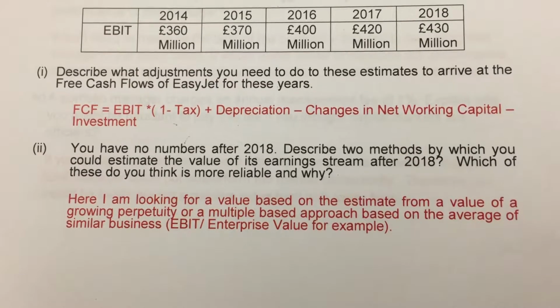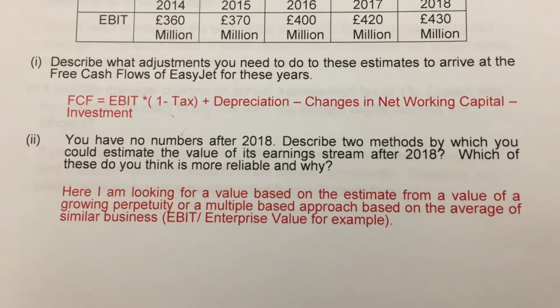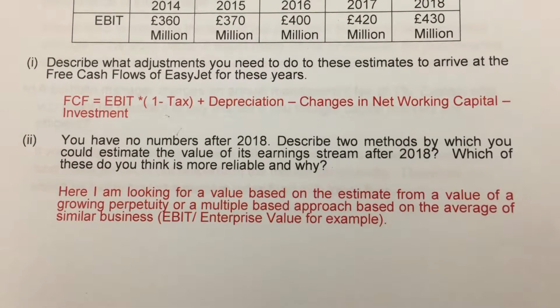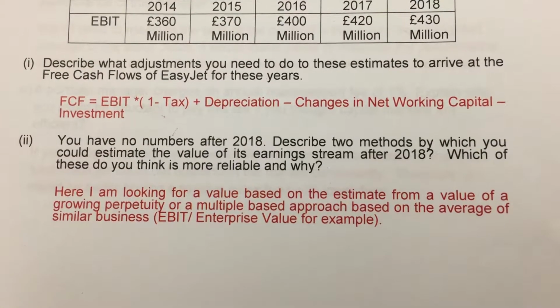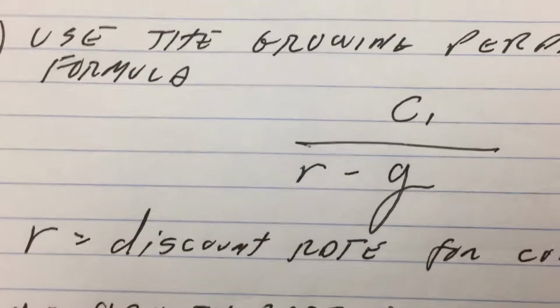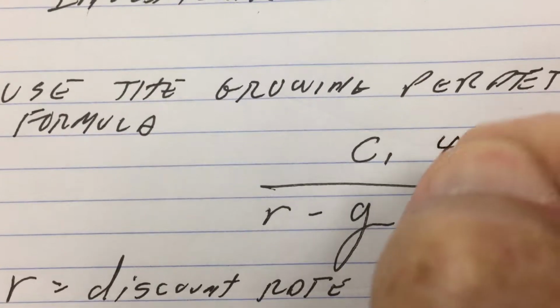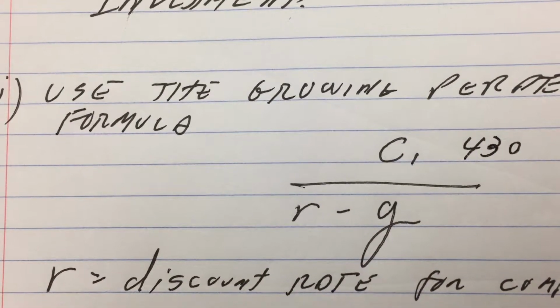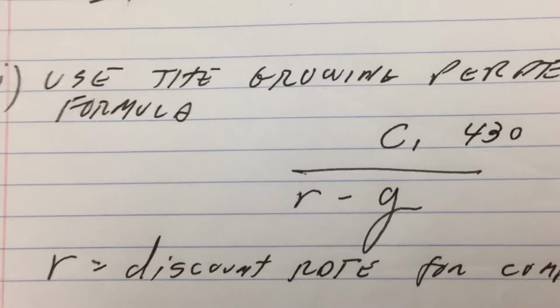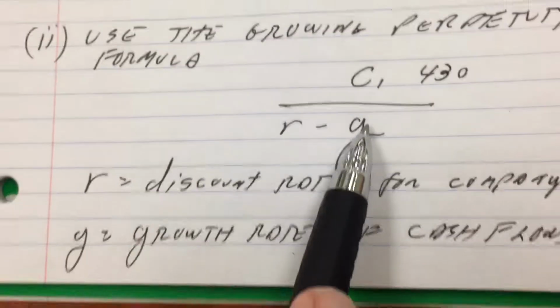So the first thing we might do is use the growing perpetuity formula. We would use 430 as a base, C1, and we would divide that by the discount rate of the company minus the growth rate of the cash flows.